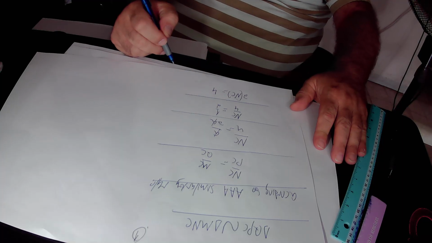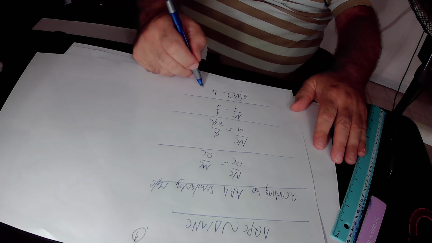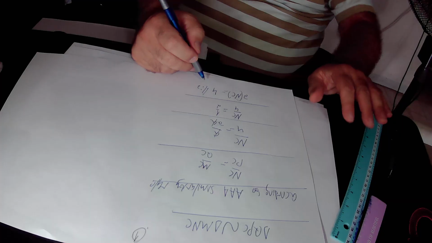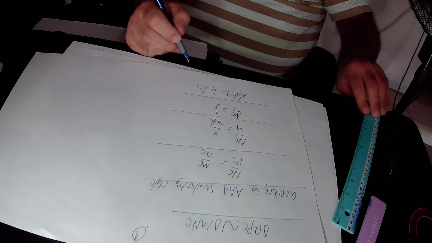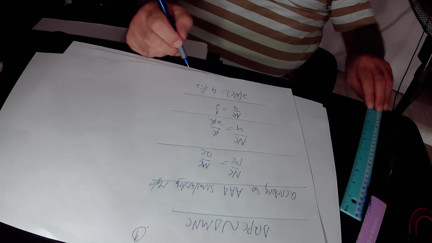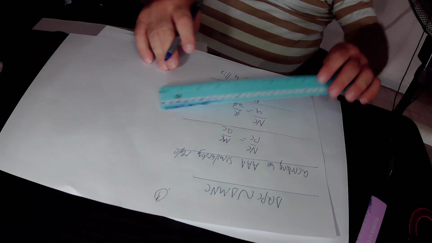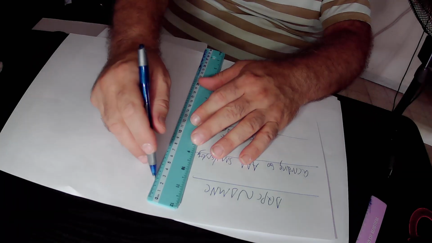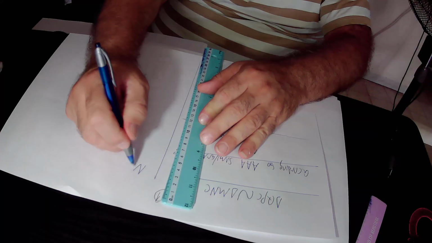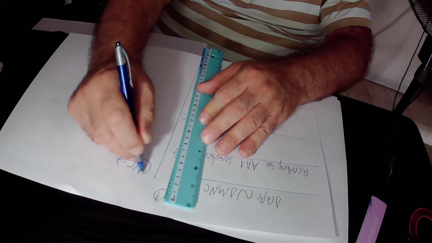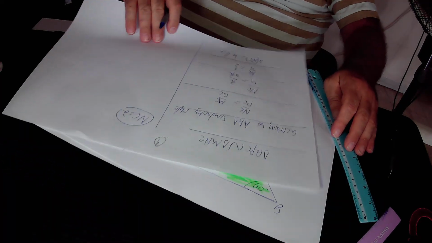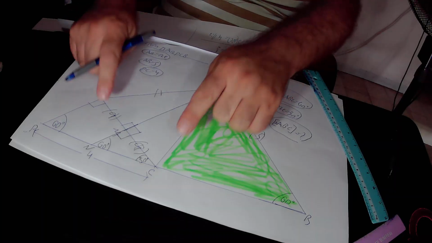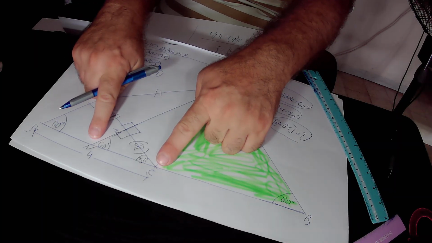Here we divide this equation by 2, and finally we get that the missing side NC is equal to 4 over 2, that is 2. So NC equals 2 units in its length. This is the missing side NC that equals 2 units in its length.